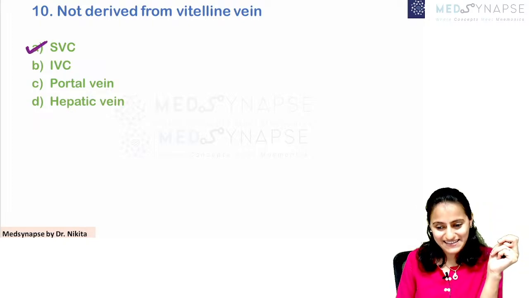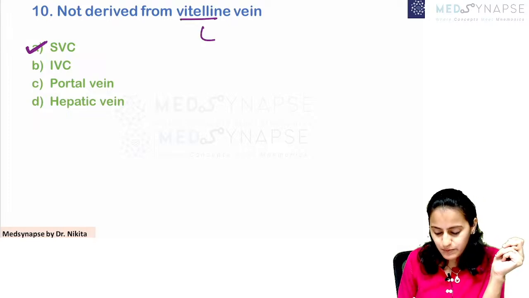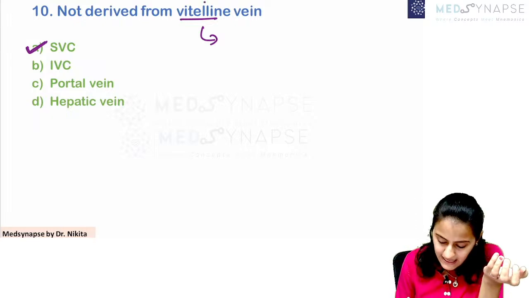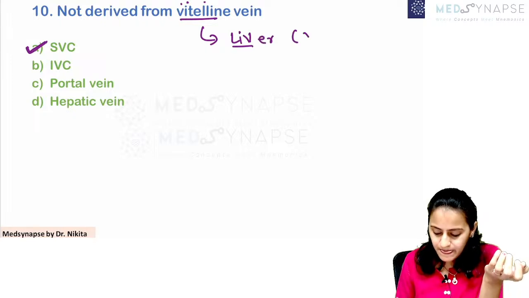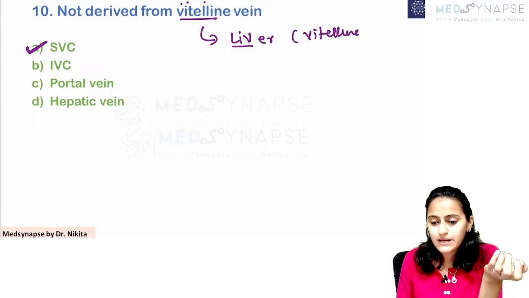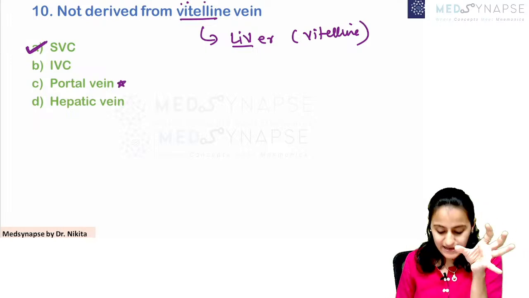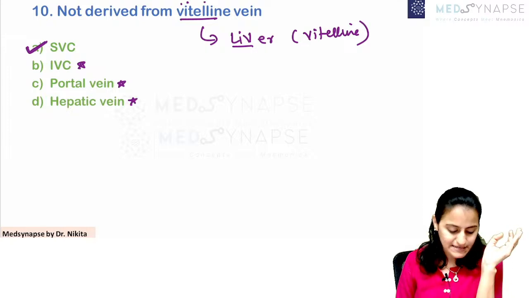Superior vena cava. Right? So remember that vitelline vein. What is derived from the vitelline vein? LIV. Whatever is related to the liver is the vitelline vein. So the portal vein supplying the liver, IVC has a hepatic segment, liver, and of course the hepatic vein.